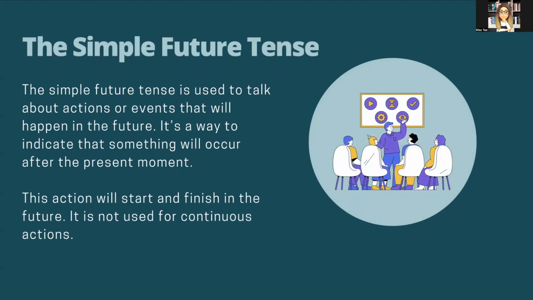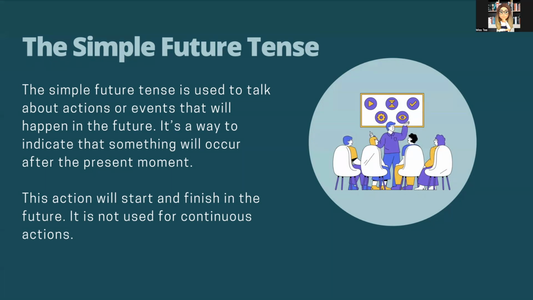The simple future tense is used to talk about actions or events that will happen in the future. It's a way to indicate that something will occur after the present moment. So sometime that is not now, maybe tomorrow, maybe next week, next year, a different time in the future, this action will happen.